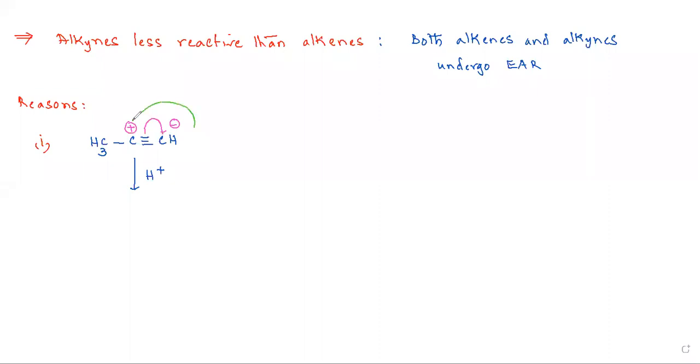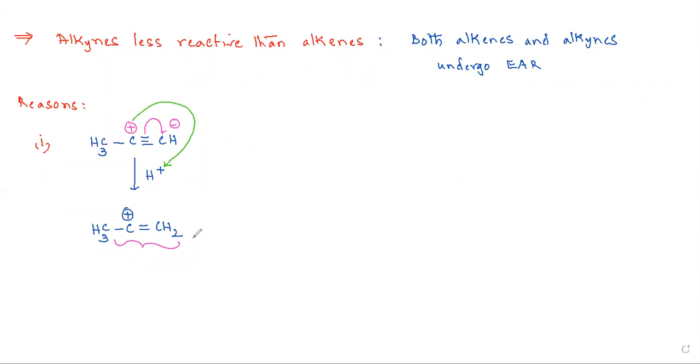See, when an electrophile is added, we get this. Now, this is in fact a vinyl. Vinyl is this, CH2 double bond CH dash, right? Vinyl carbocation is what we got.